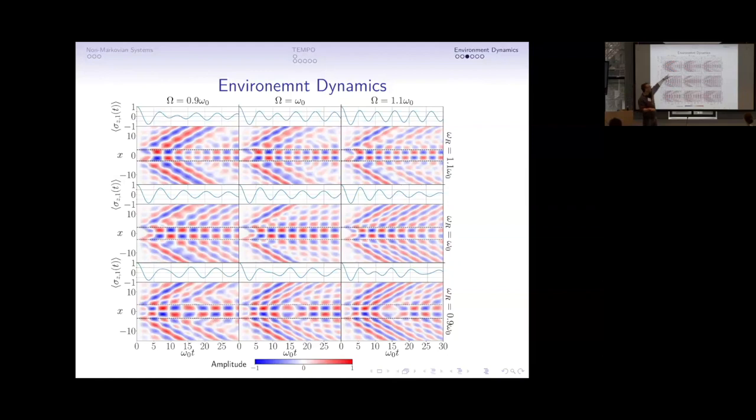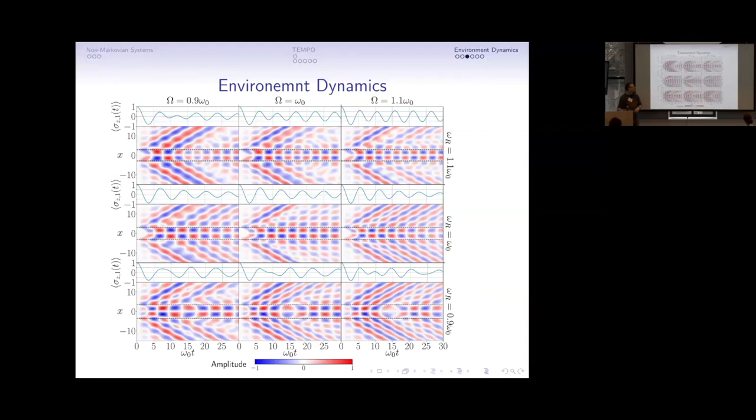So you can really see in these environment pictures what's causing the quite complicated looking dynamics in the system. Having access to what is going on in the environment can quite often tell you a lot about what is going on in the system, and that's accessible via these kind of techniques which naively you would think just give you access to system degrees of freedom. So actually you can get much more than that.